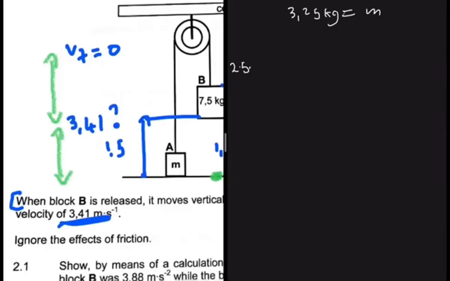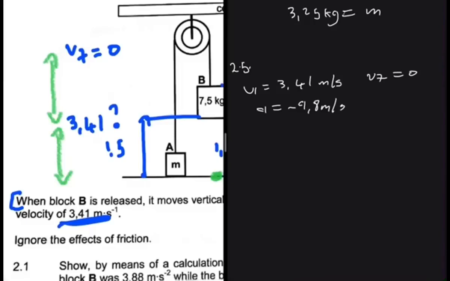So let's go ahead and do that. We're saying that VI will be equal to 3.41 meters per second, and VF will be equal to 0. Right, how much will our acceleration be? If we take upwards as positive, our acceleration will be minus 9.8 meters per second squared. That is because when ball B strikes the ground, object A will now be in free fall.